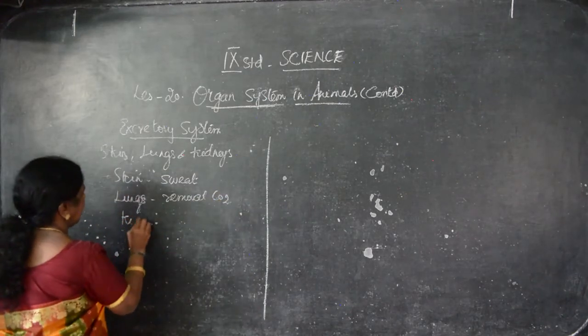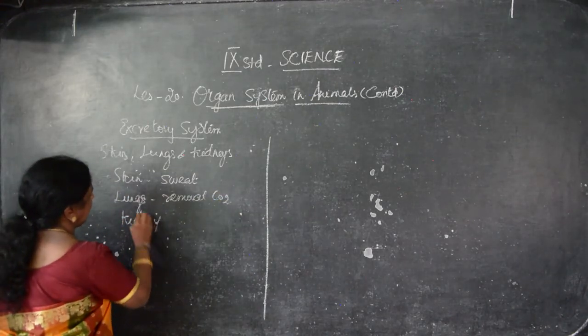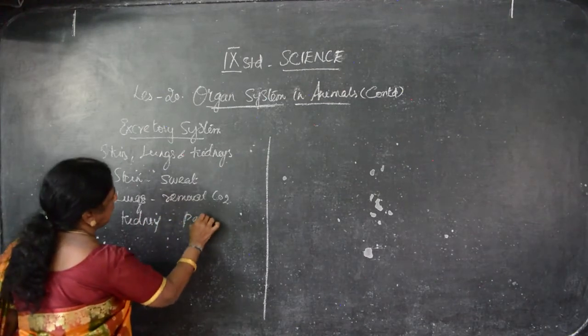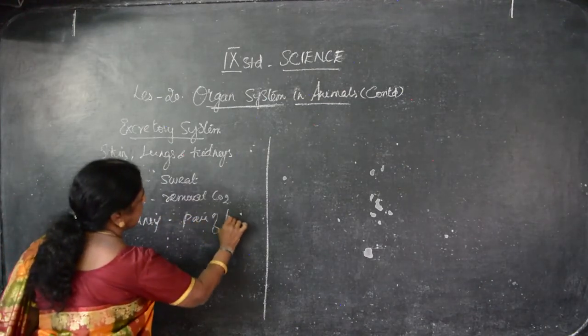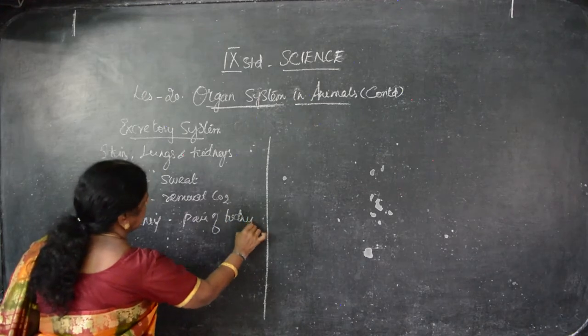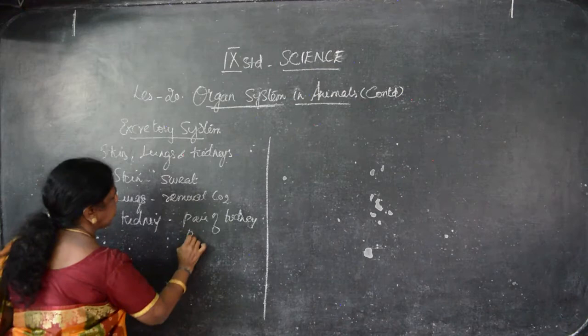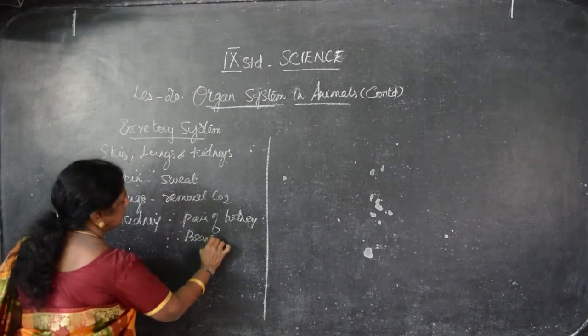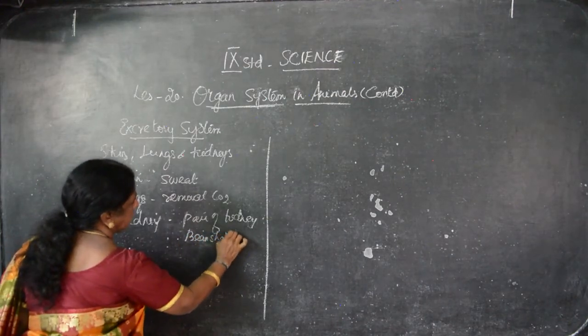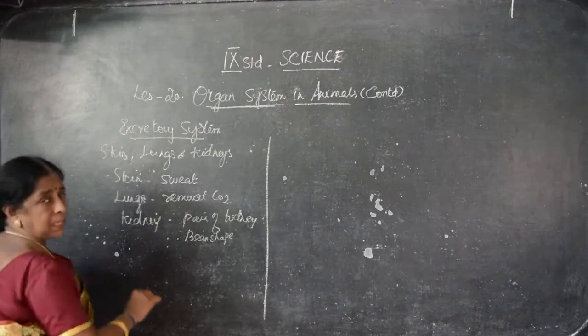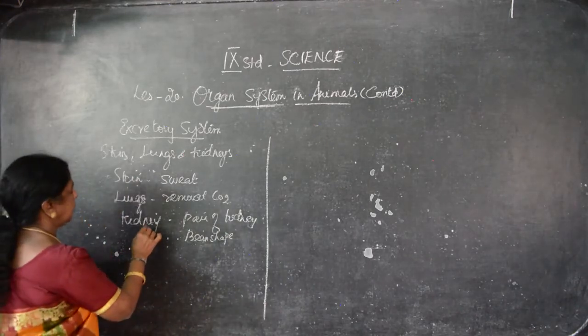Kidneys, they are very important. There is a pair of kidneys, bean shaped. From the kidney we start.